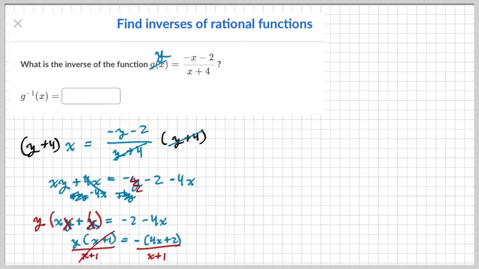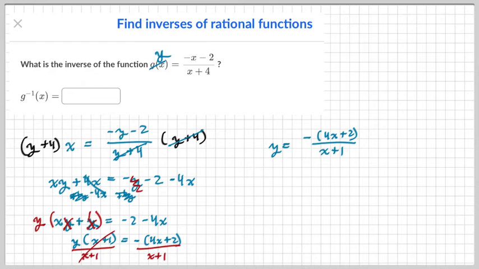And so let's clean it up. y equals negative 4x plus 2, and then on the denominator, I have x plus 1. And that negative can actually go in front, and then we won't have to write the parentheses anymore.